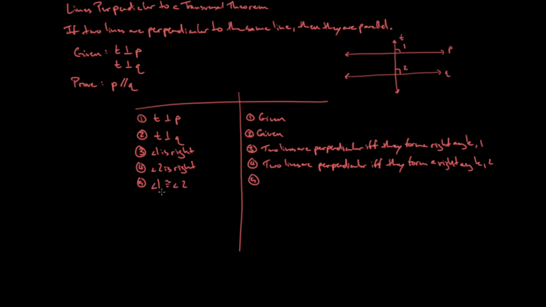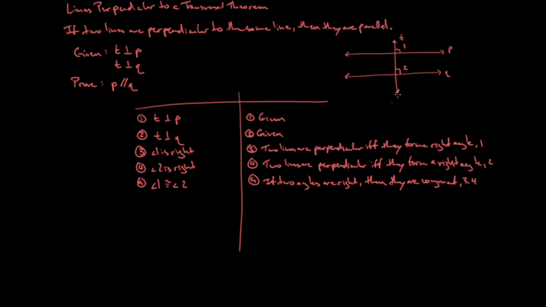So angle 1 is congruent to angle 2. My reason is that if two angles are right, then they are congruent, and that's coming from several videos ago. I will link together 3 and 4, saving us a whole bunch of steps.